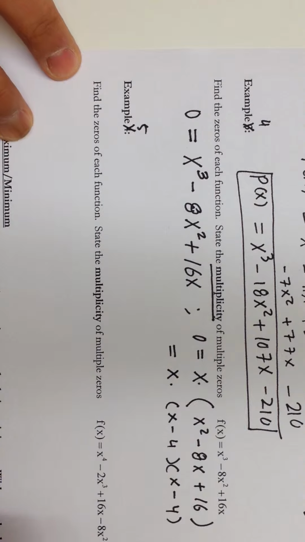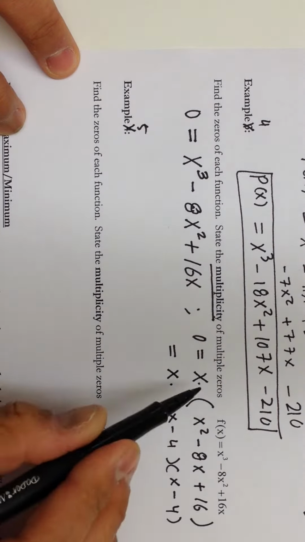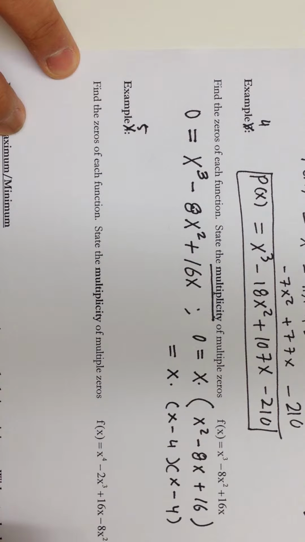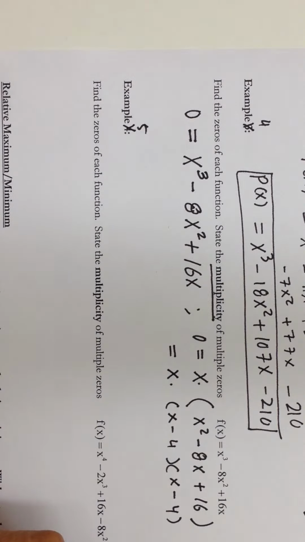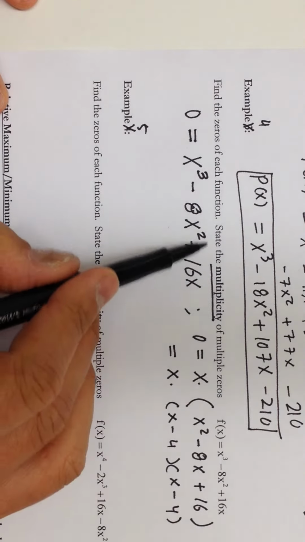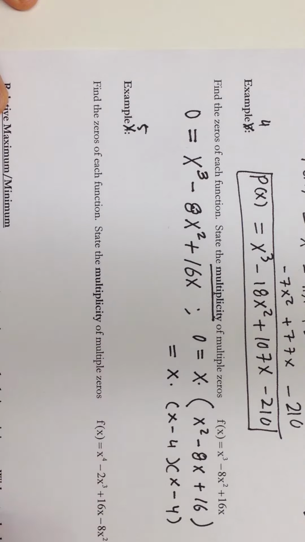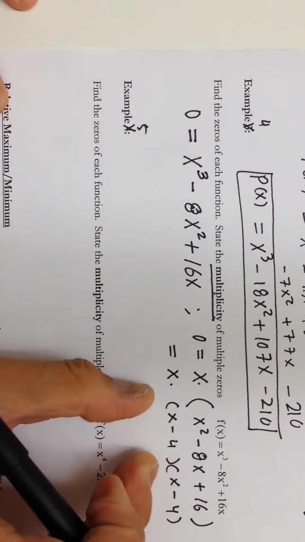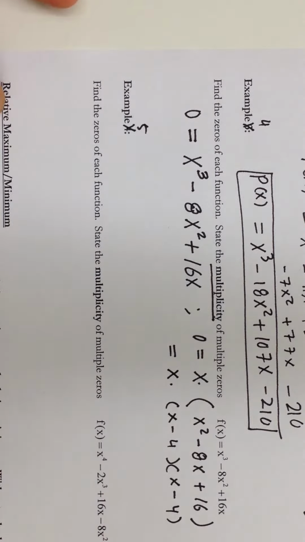So 0 and 4 are the roots, but 4 has a multiplicity of 2. 0 has a multiplicity of 1. But we only have to state the multiplicity of multiple zeros. So here is the multiple zero: we say 4 has multiplicity of 2 because there are two identical binomials.